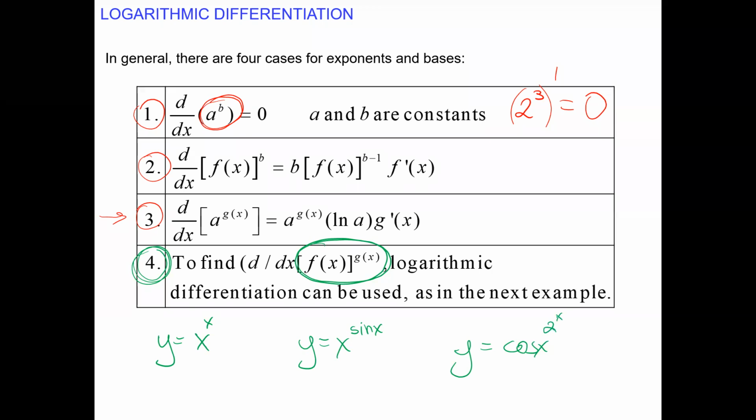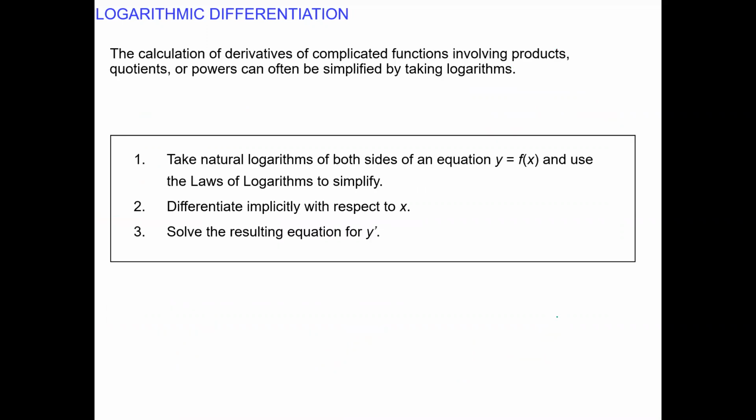But what is important to remember, they are not exponential and they are not power, because we see x in the exponent and in the base. That means it's kind of like a mixture. At first, we don't know how the function looks, and of course, we're not applying formula 2 or formula 3. No, we will use something that is called logarithmic differentiation.